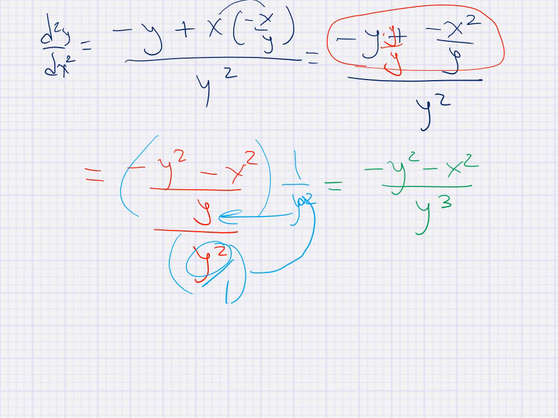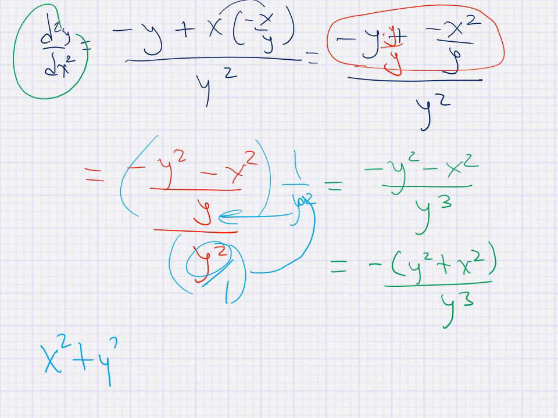Another way I could write the answer would be negative y squared plus x squared over y cubed. Again, that's what the second derivative is equal to. But we can actually do one better than that. And remember, the original equation was x squared plus y squared equals 25. That's where we started.